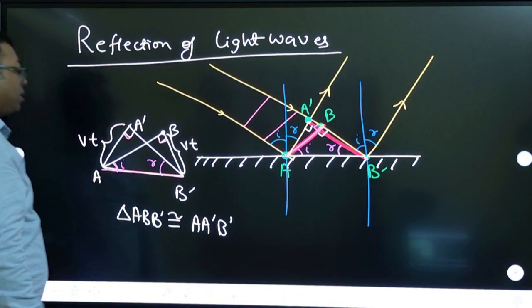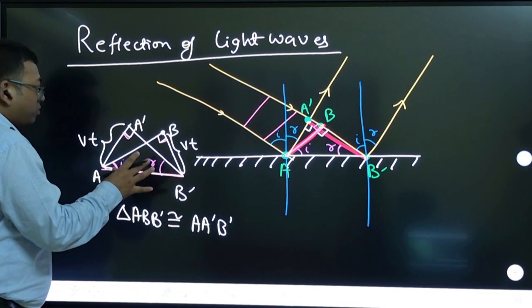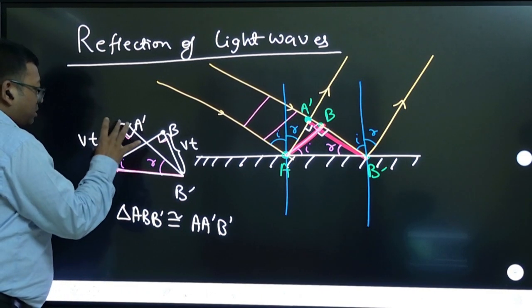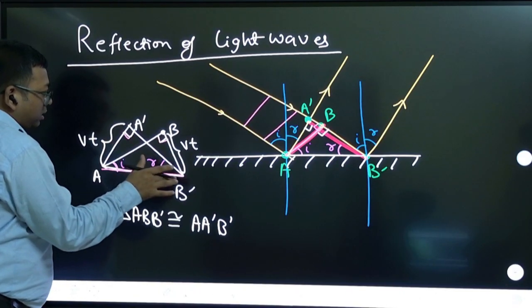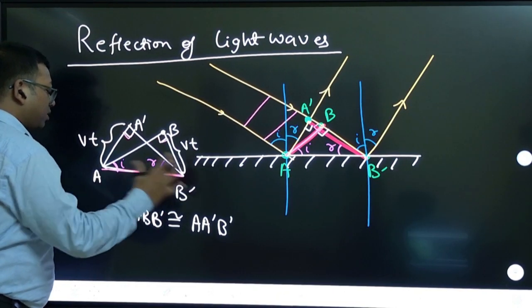We know that because these two triangles are congruent, corresponding parts are going to be equal, right? So AB dash is common in both.